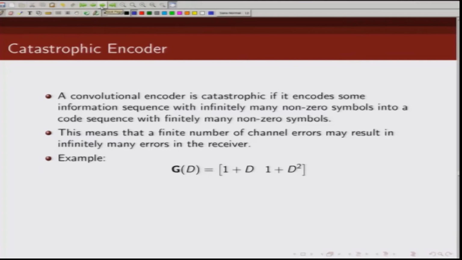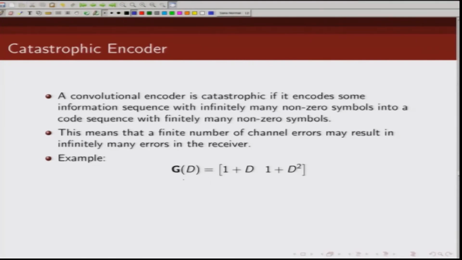Because that information sequence is getting mapped to a coded sequence with a finite number of ones, if errors happen in those locations where you have the finite number of ones, then your output sequence will get transformed into an all 0 sequence, and your decoder will think that you have transmitted an all 0 sequence, whereas actually you had transmitted a sequence of all ones. So, a finite number of channel errors in case of a catastrophic encoder can result in an infinite number of input errors. Let us take an example of this.